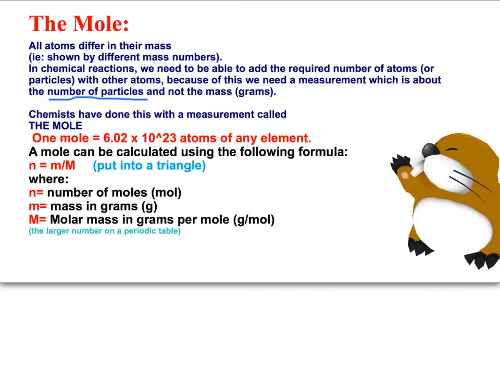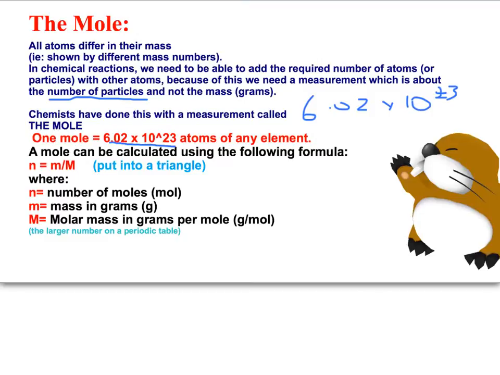Now, chemists have worked out a measurement called the mole, and 1 mole has 6.02 times 10 to the power of 23 atoms. That is a very, very big number. It's like millions and millions and millions.